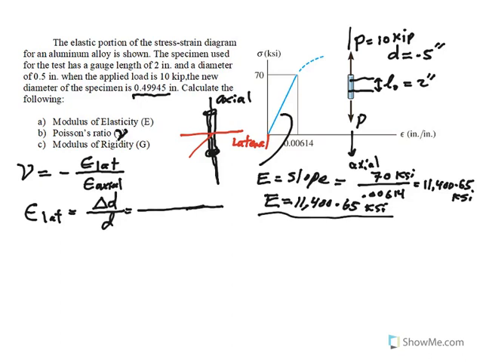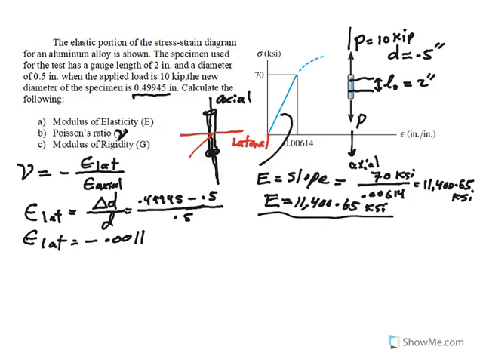So with 0.49945 as the final diameter, minus the initial diameter, divided by the initial diameter, the lateral strain comes out to be negative 0.0011, dimensionless. The reason it's a negative epsilon is because the final diameter is smaller than the initial diameter.